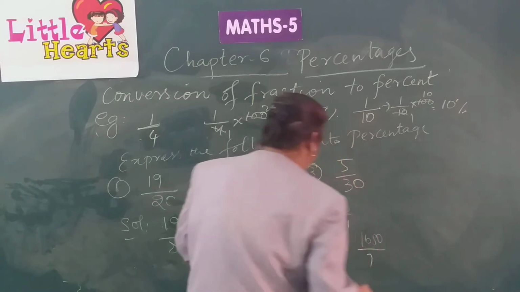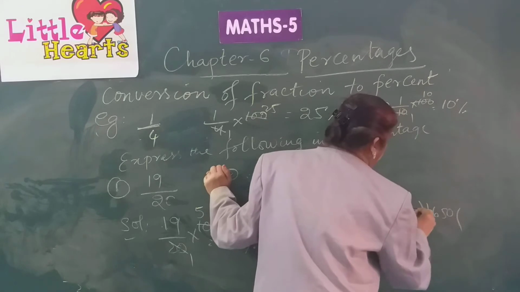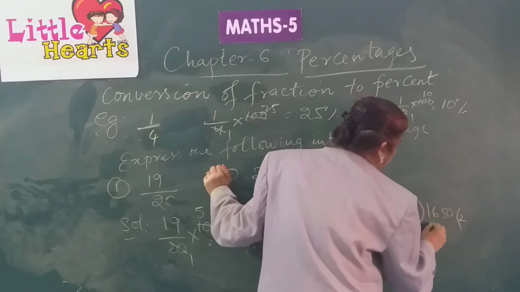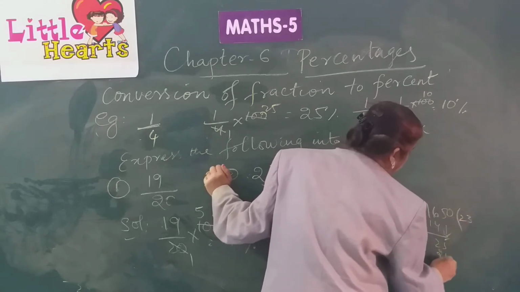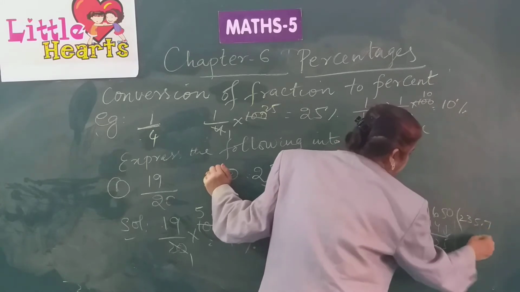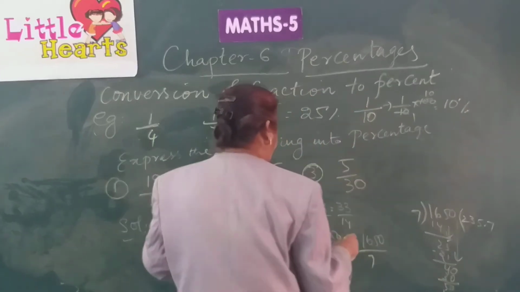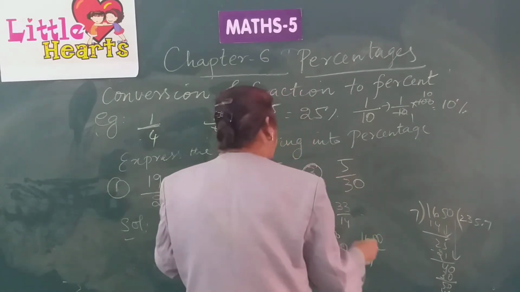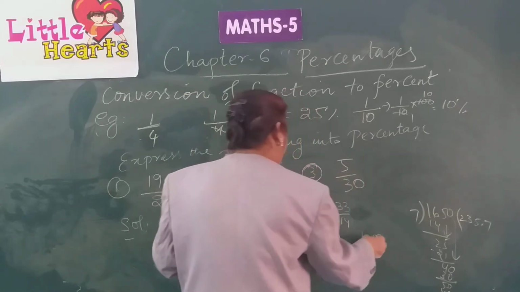1650 divided by 7. Now divide it by 7. 7 2s are 14, 25. 7 3s are 21, 4, 40. 7 5s are 35. Again 5, 50. Put a point and 0 here. 7 7s are 49, 1. So this becomes 33 by 14 into 100, which is 1650 by 7.